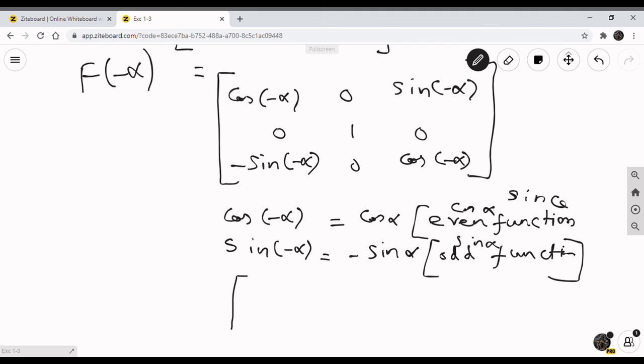So this becomes now, what is f of minus alpha now? Cos of minus alpha, you write cos alpha, 0. But sin of minus alpha, you should write it as minus sin alpha. Again here, already minus is there, so minus of minus, plus it will become.